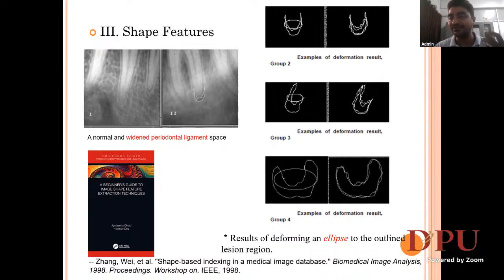If you are dealing with any kind of feature, such as a histogram feature, GLCM feature, Gaussian feature, or wavelet feature, ultimately the bottom line is you are trying to identify either the shape-based one, the color one, or the texture one. In between, something may be geometric also, but geometric is actually related to the shape feature. So you have a lot of different features.